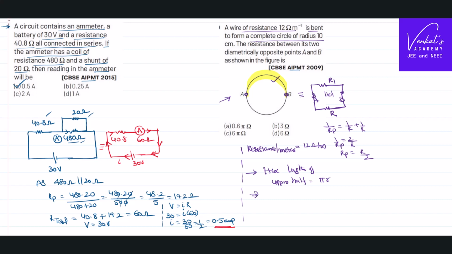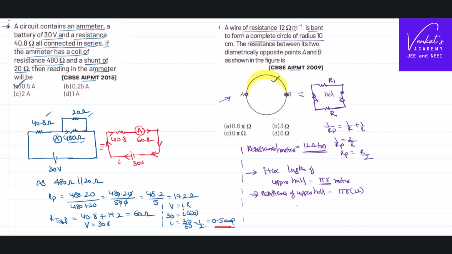So, the resistance of upper half is length multiplied by resistance per meter, that has pi r meter, each meter has 12 ohms. So, the total resistance will become pi r into 12, that is a total resistance, right.